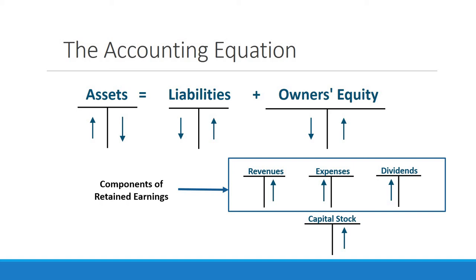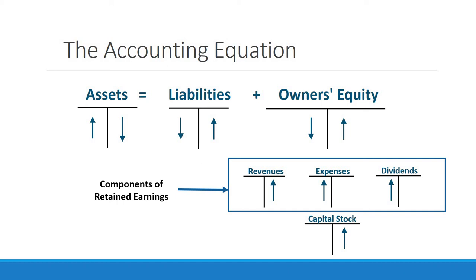So a good way to remember this is that debits increase expenses, assets, and dividends. So DEAD, dead. If you don't remember this in your intro class, you're dead. The debits are going to increase expenses, assets, and dividends. So if you look at the expense, assets, and dividends T accounts, there you can see that the upward arrow is on the debit side of those accounts.